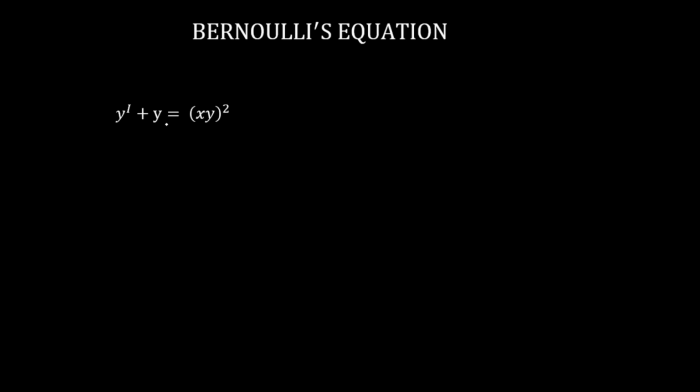Now we have this question which says that the derivative of y plus y is equal to (xy squared). First you need to identify how to solve this and change it to the linear form.